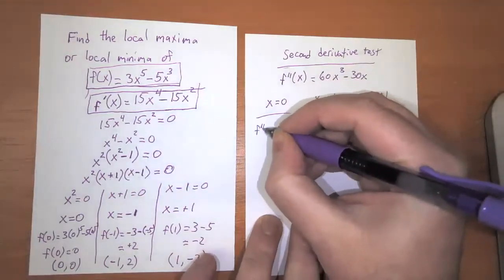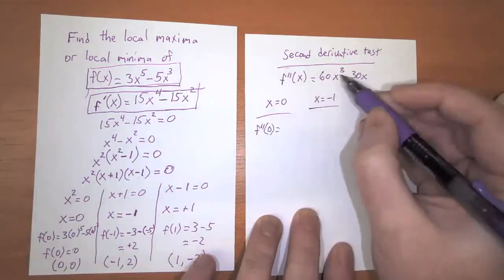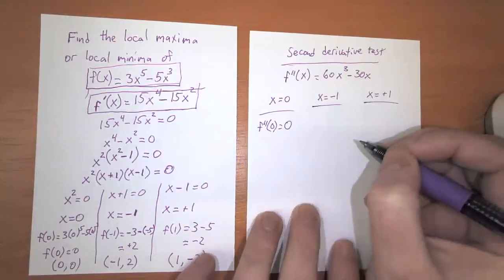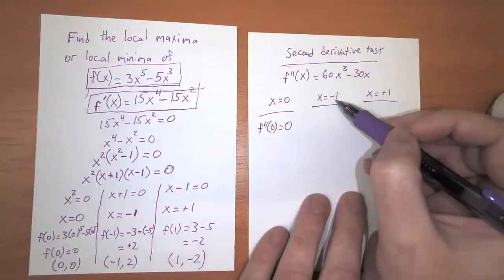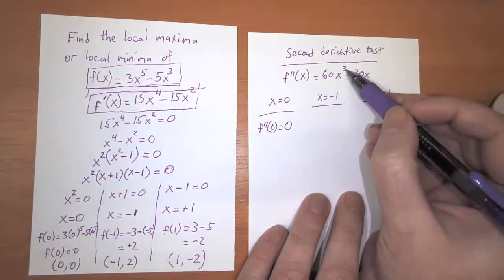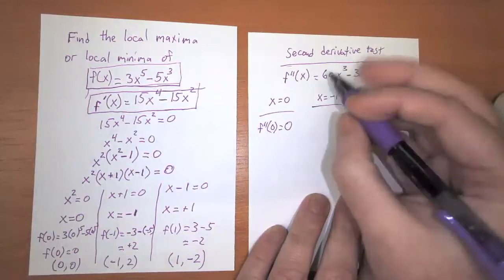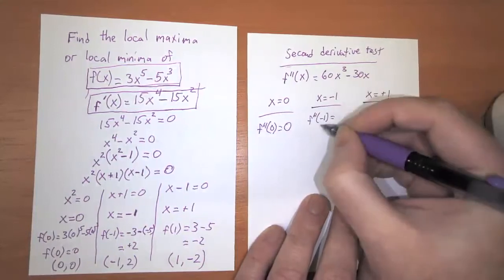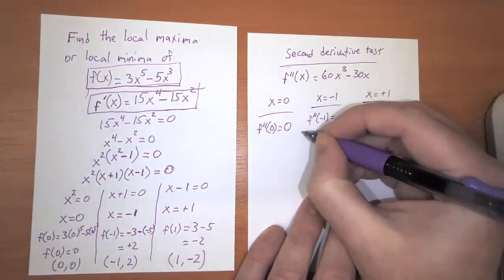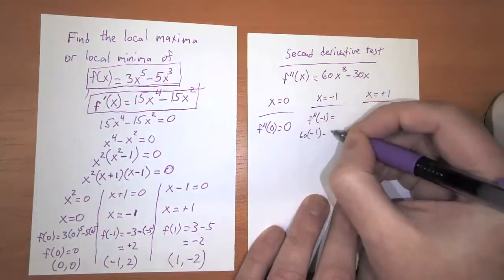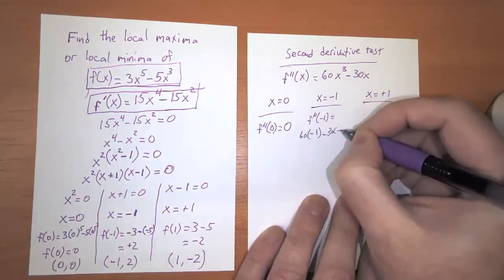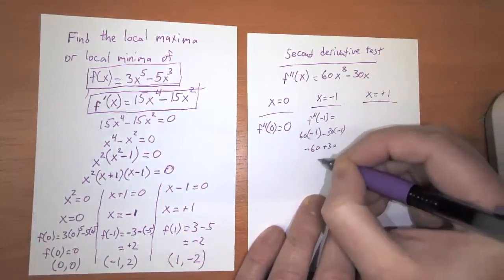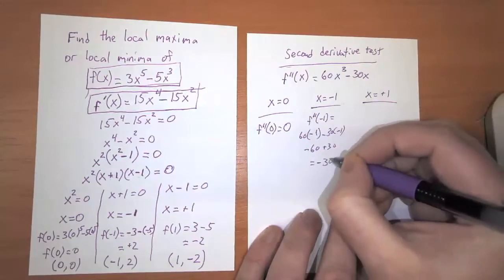So the second derivative at 0 is equal to 60 times 0 cubed minus 30 times 0, which is just 0. If we plug in -1, -1 cubed is -1, so this is 60 times -1 minus 30 times -1, which is, oh my gosh, -60 plus 30, which is equal to -30.